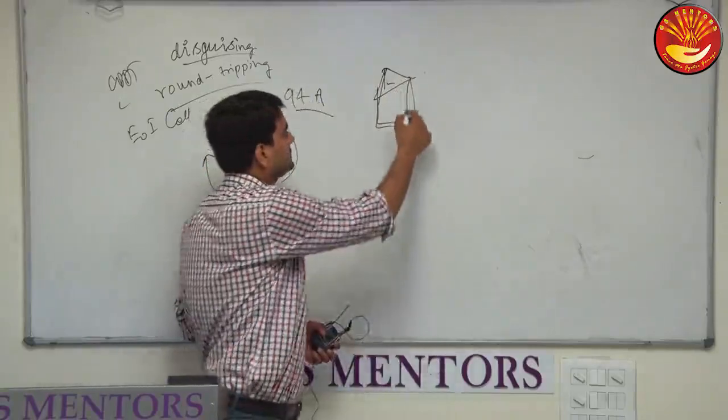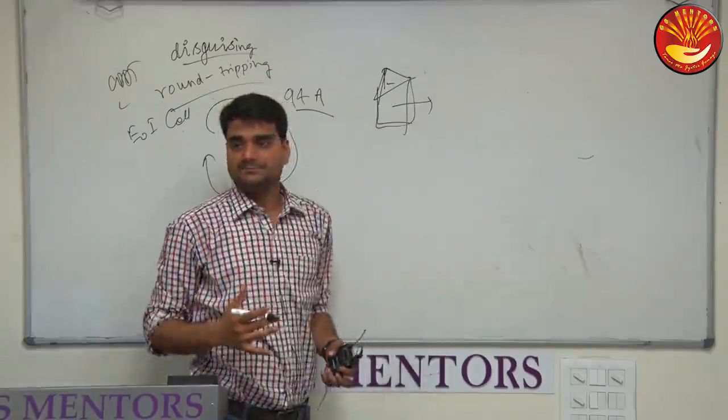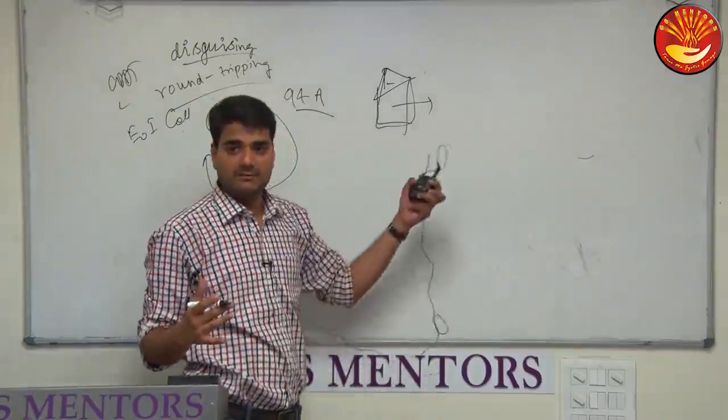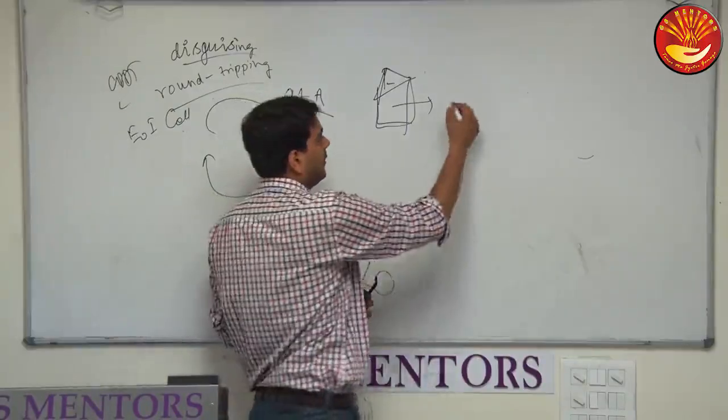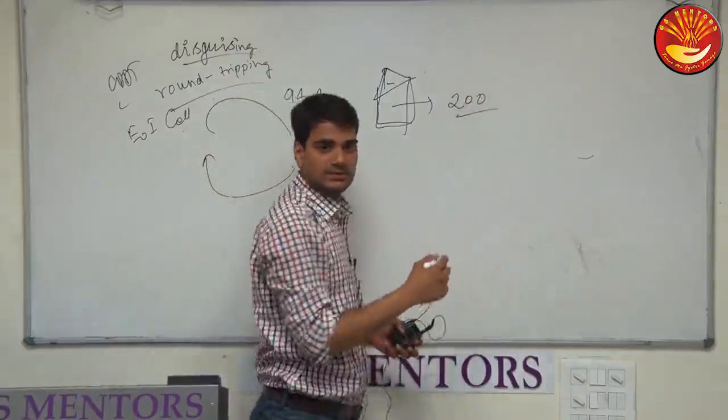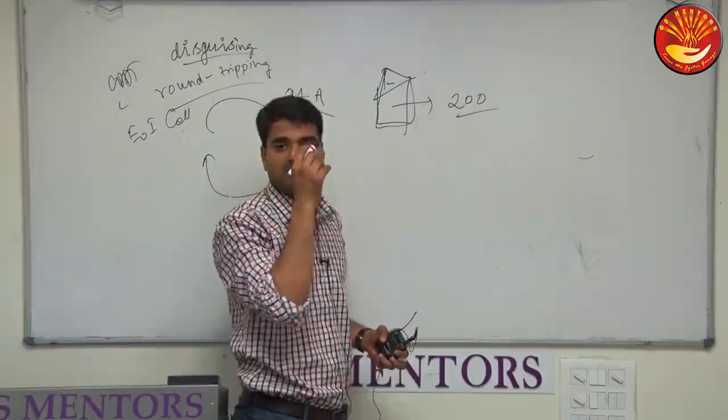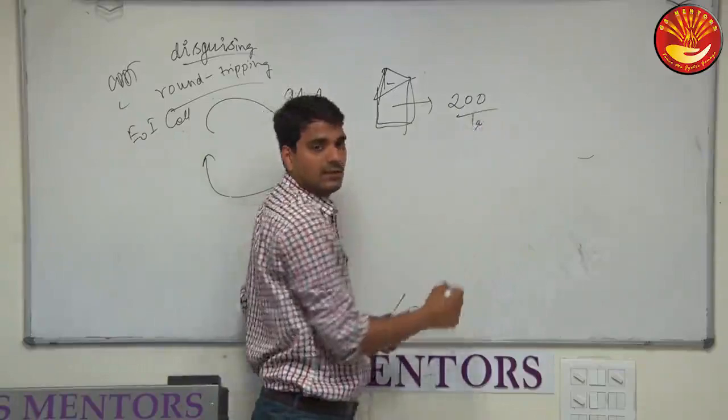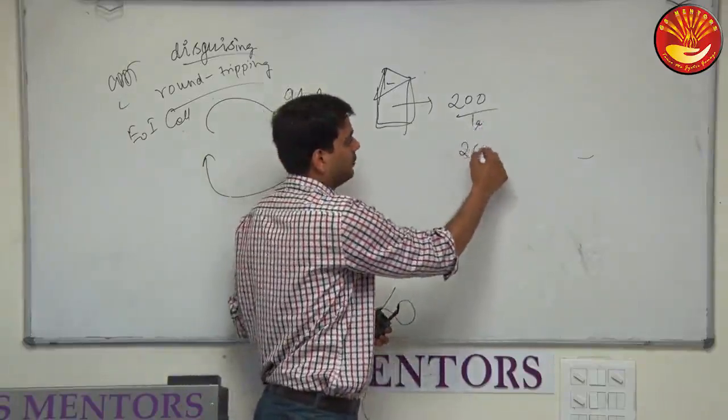Okay, now you show in the register that there are 200 students registered in your education institution, and everyone is paying 1 lakh fees. Okay, how much it will become? 2 crore.